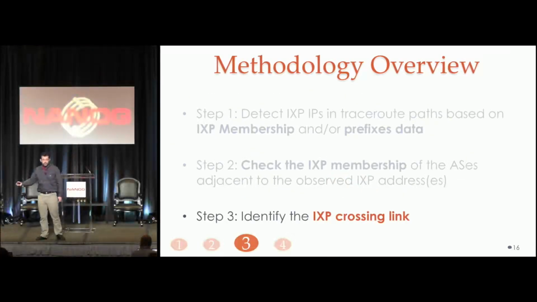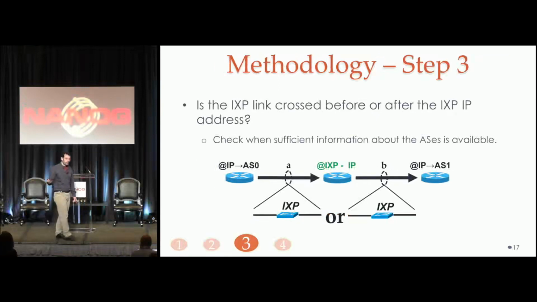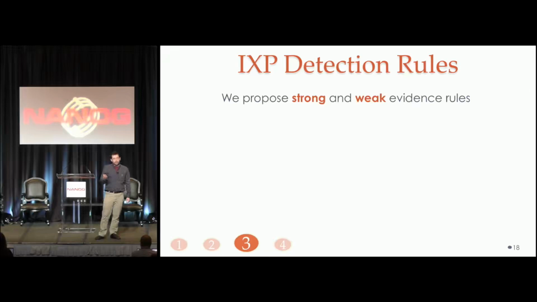And now, in the third step, we take the final decision, gathering all the information from the previous steps. We are ready to say if and at which hop in the traceroute path we have this IXP crossing.